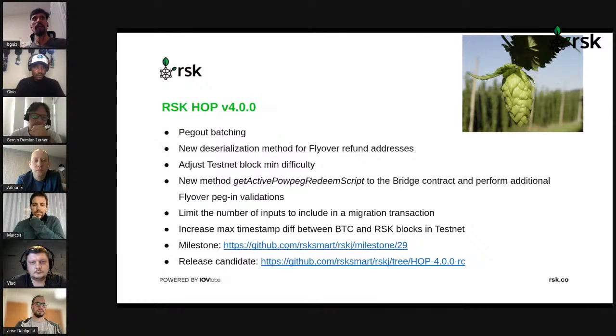All right. So here's a bunch of stuff that is included. It was already mentioned by Gino in the agenda, so I'm not going to read those out again. But what I'd like to highlight is that you can go check out the milestone at the link at the bottom, as well as the release candidate, which is a branch on GitHub.